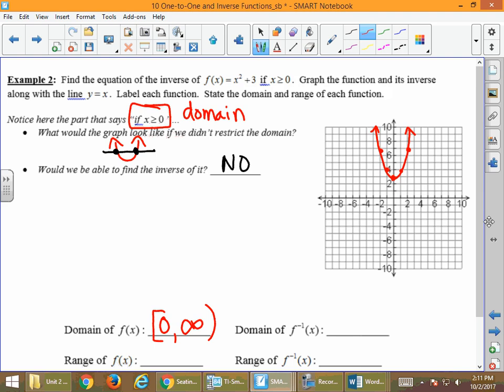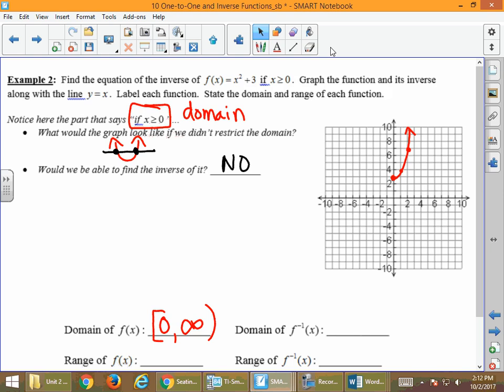That would be that picture of the graph, x squared plus 3, without x is greater than or equal to 0. Well, x is greater than or equal to 0 means that we are not going to deal with anything over here. We're only going to deal with that part of the graph, starting at the origin and going to the right.